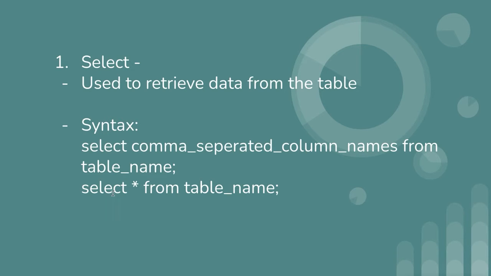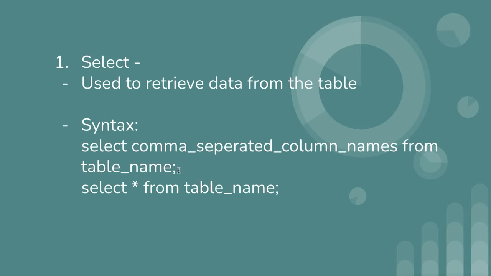By doing select star from table name, we would be fetching all the columns with all the data. And with select comma-separated column names from table name, we will be fetching the data only for those columns.